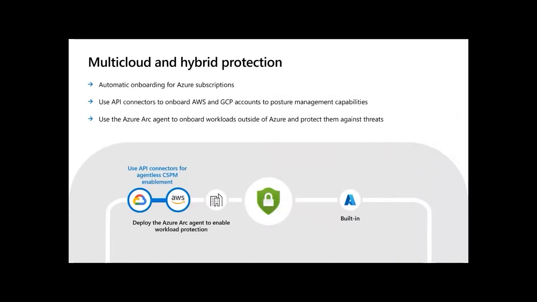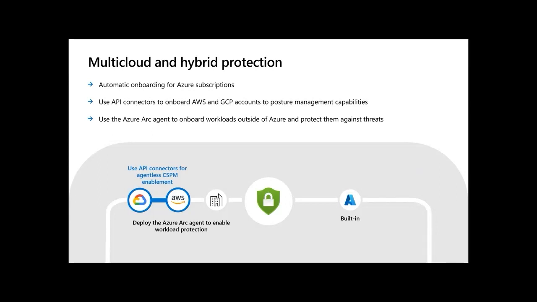There is still a preconception and a myth, which is untrue, that our capabilities require an agent. And that is dependent on which capabilities we're referring to. I want to share with all of you that our CSPM capabilities, be it for Azure, be it for AWS, be it for GCP, are completely agentless.